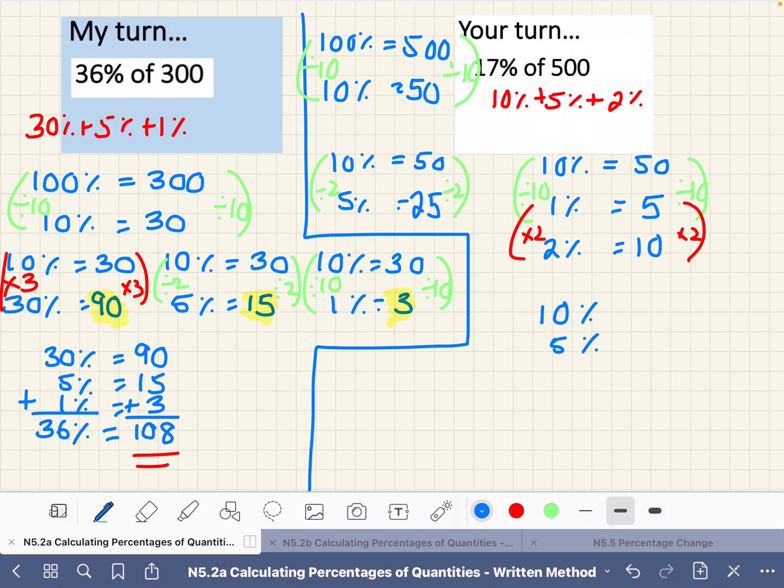For our question, we said we could add 10%, 5%, and 2% to calculate 17%. Using the values now, we have 10% is equal to 50. We have 5% is equal to 25.